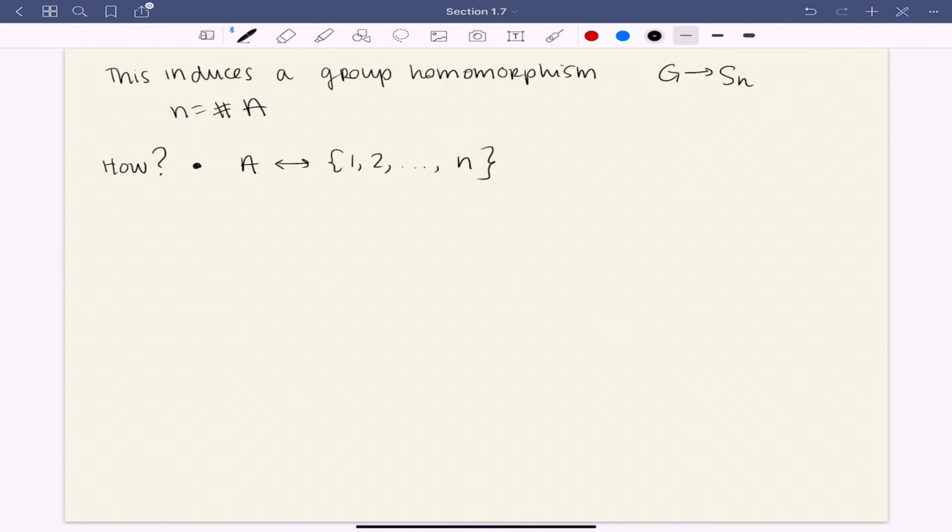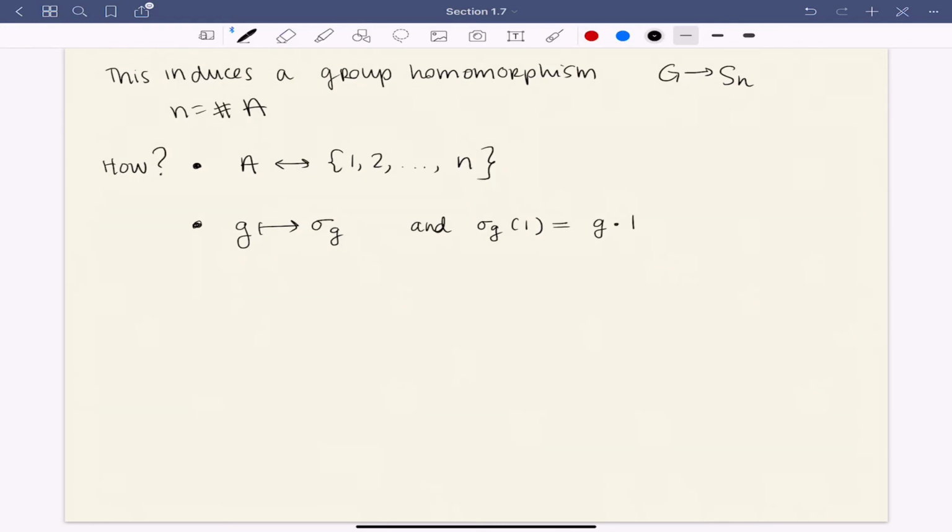And then when g goes to an element of S_n, I'm going to call this little sigma_g, and sigma_g of 1 is where g sends 1.